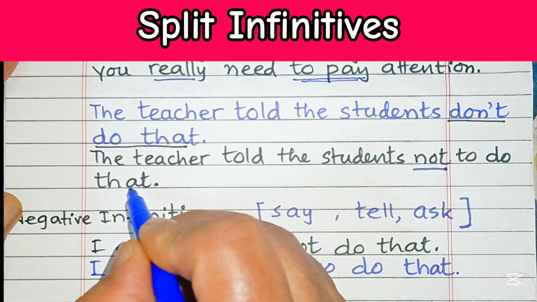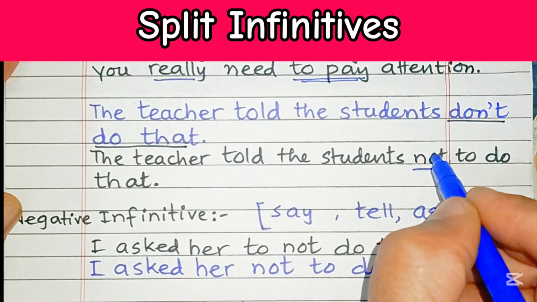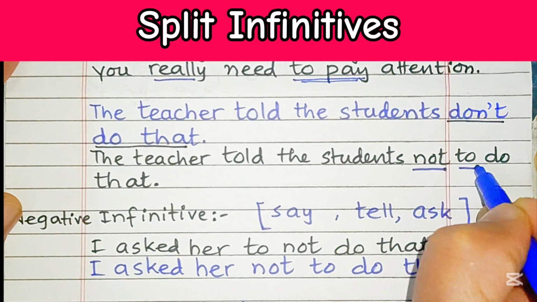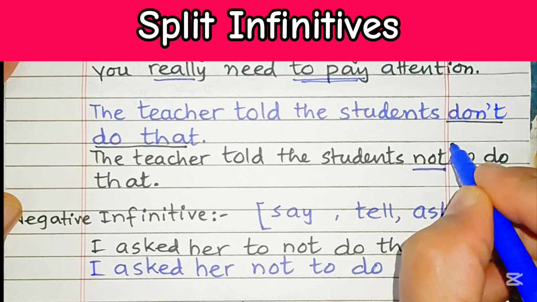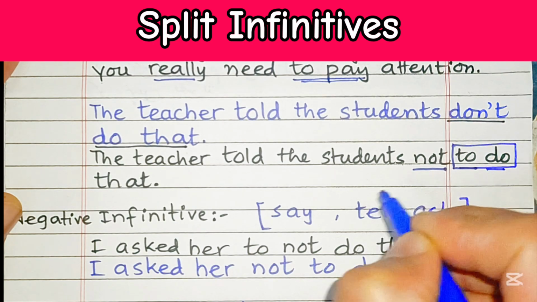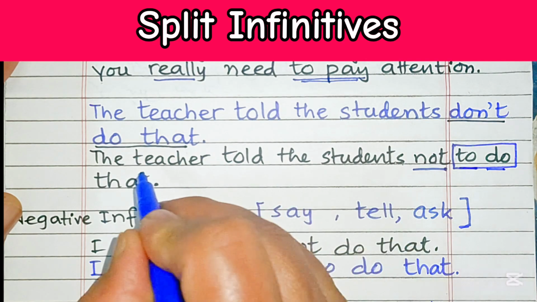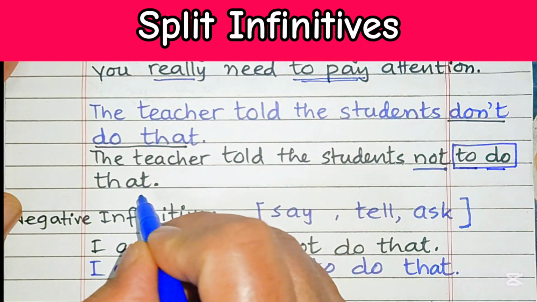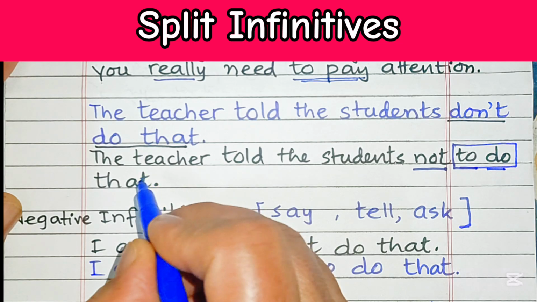So we can easily fix this by changing don't to the word not and then use to and then do over here. The teacher told the students not to do that. This will sound better and this will clarify the confusion as well.